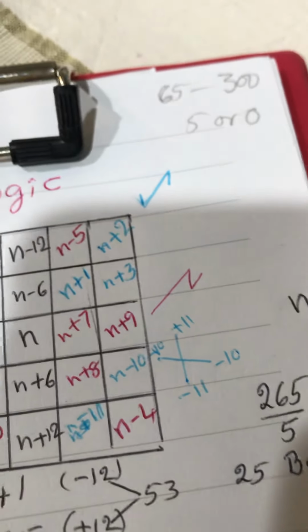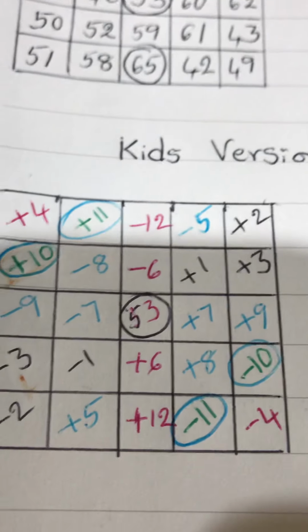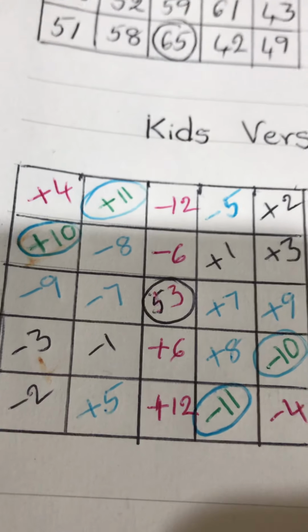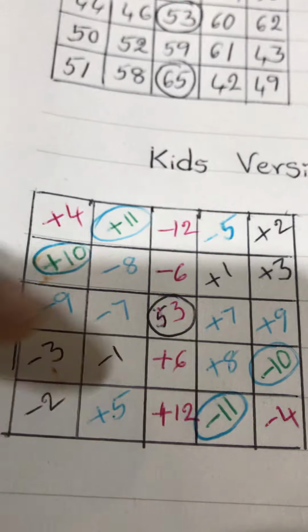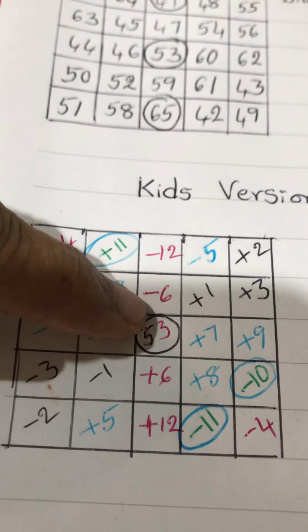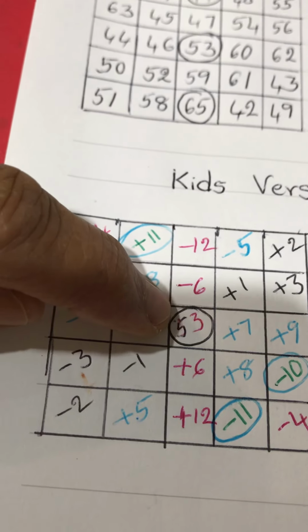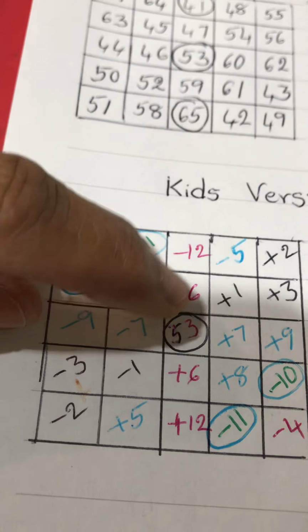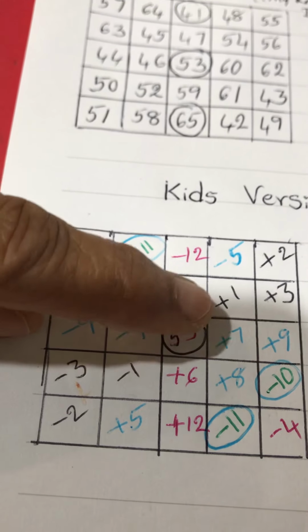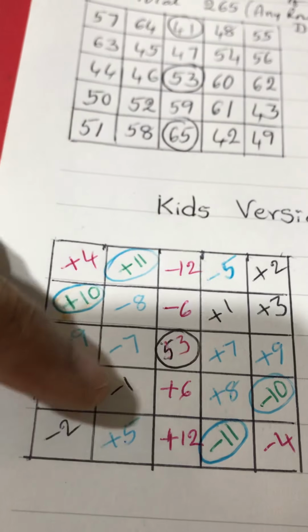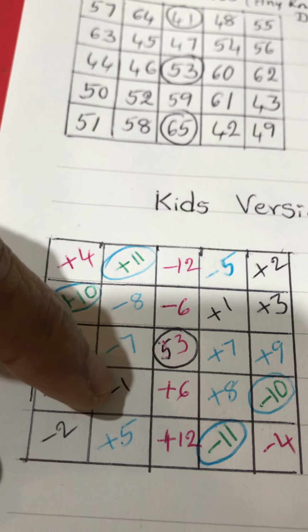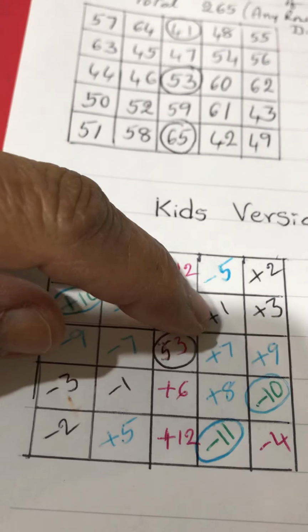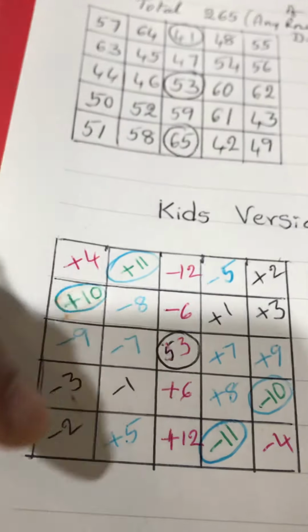Still, it's not a kid's version, so I tried to kind of develop a kid's version. So I can see the diagonal is the main clue. So if that is the average of the 265 spread along 5 boxes, so it's going to be minus 1, minus 2, plus 1, plus 2, plus 3, minus 3.